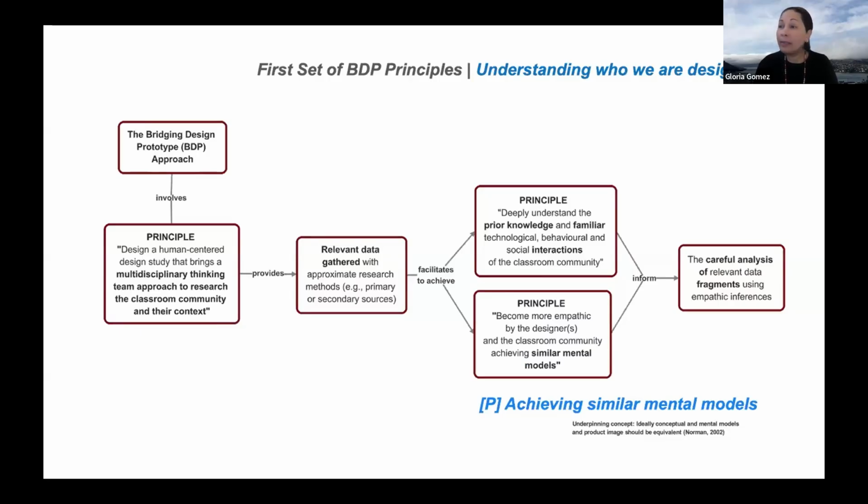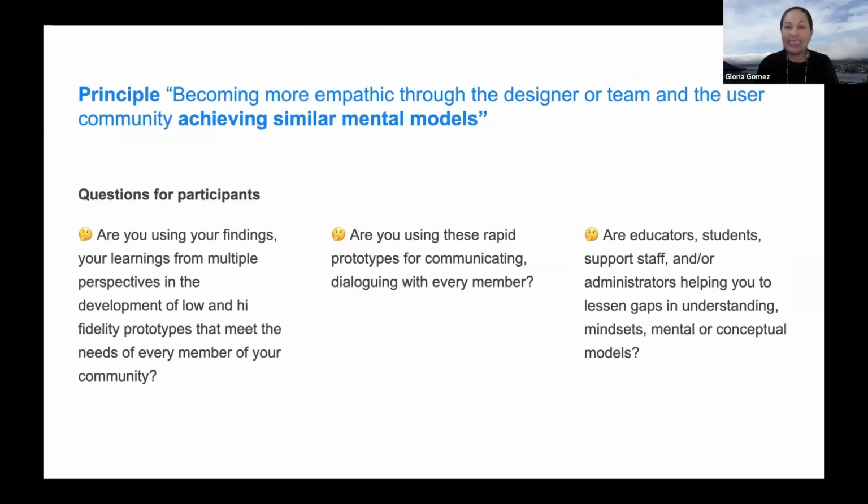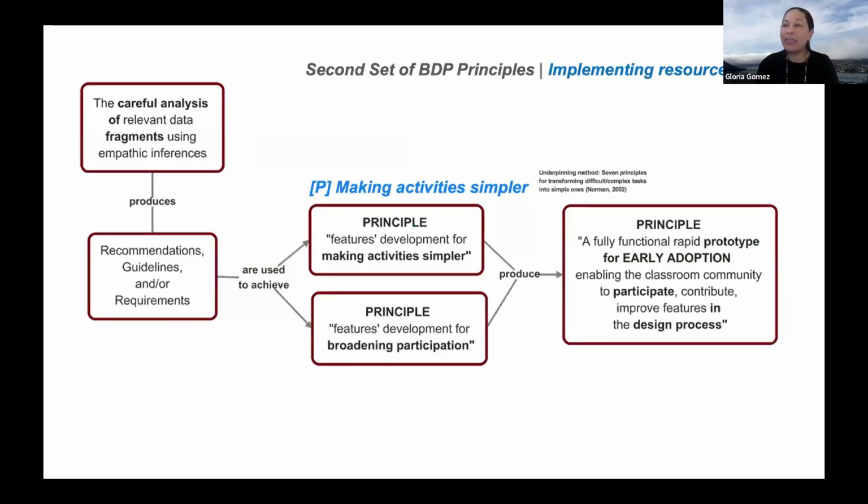The second set starts with the principle features development for making activities simpler. This principle is inspired on the 7 principles for transforming complex, difficult tasks into simple ones from a user-centered design methodology.